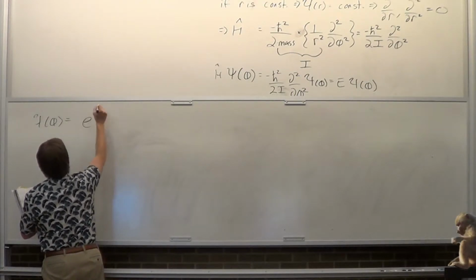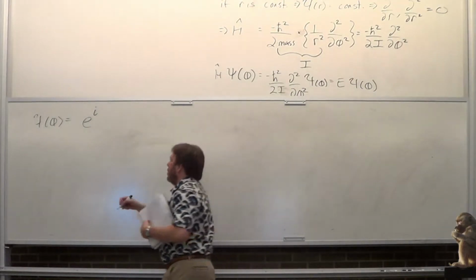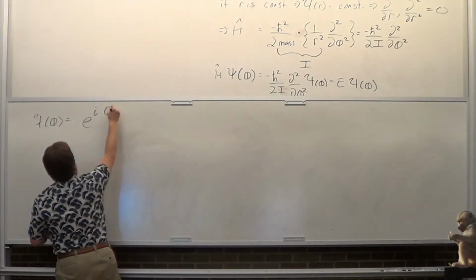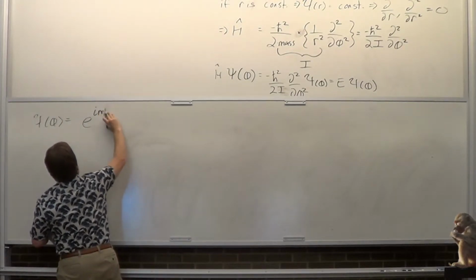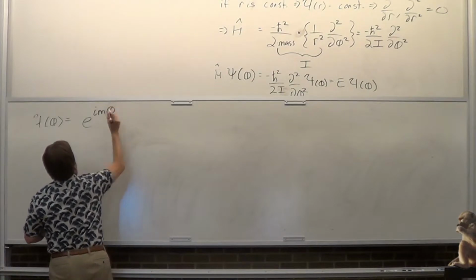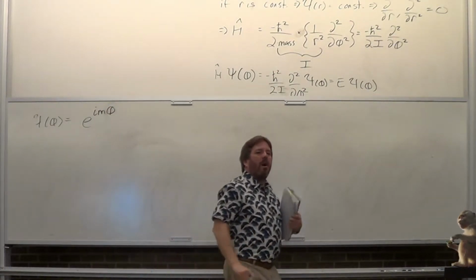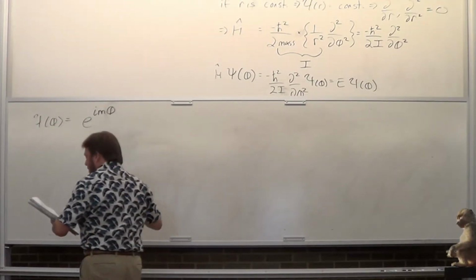Of course, e to the i, insert variable, there's only one variable. But it's got to have the quantum number in it. Normalization, we'll solve the normalization in a little bit.